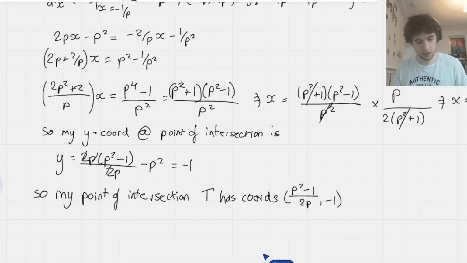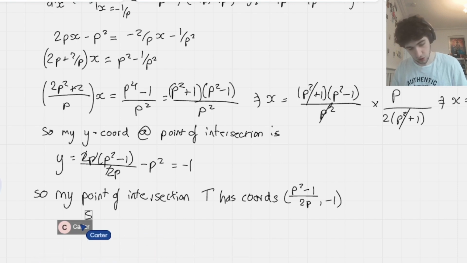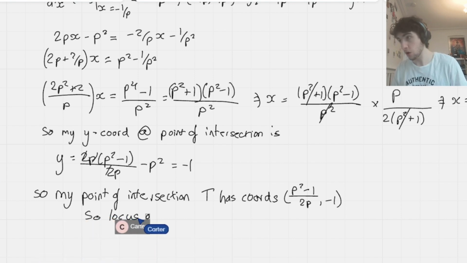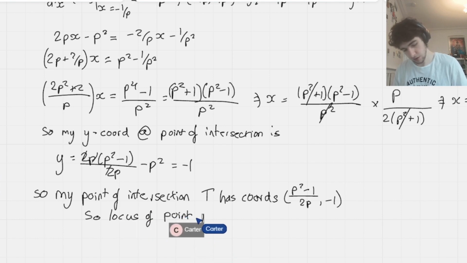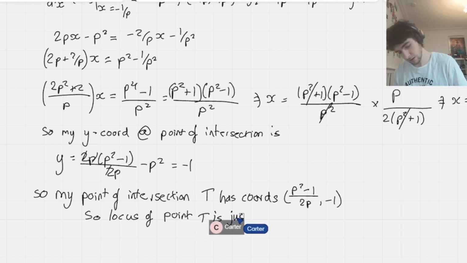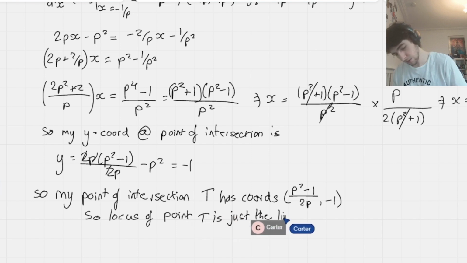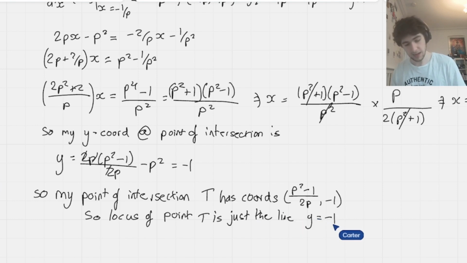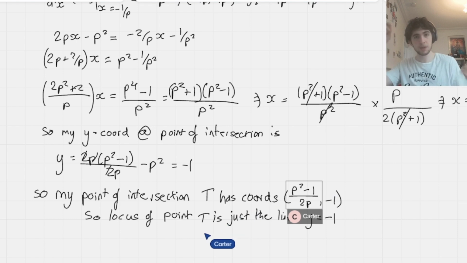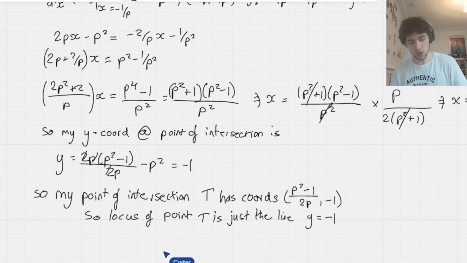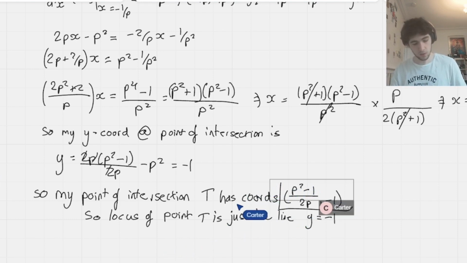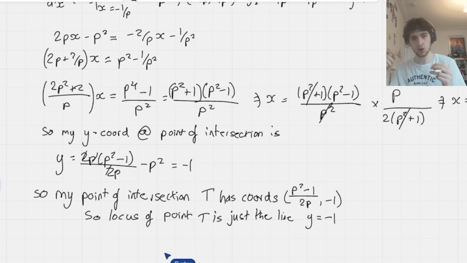And so what that means is the locus of point of intersection, the locus of point T, is just the line y is equal to minus 1. Simply because, as I change my points P and Q, my midpoint will always be given by this. So it depends on what the x coordinate of my point P is.